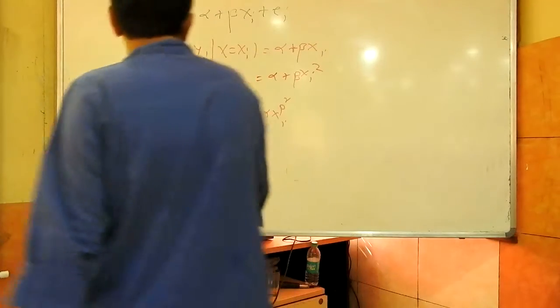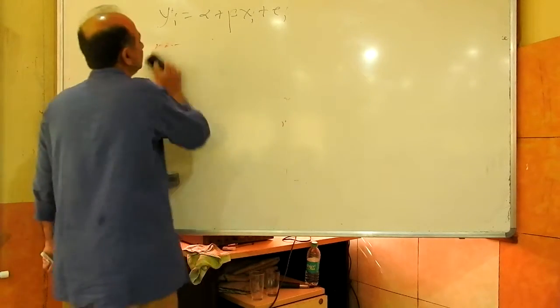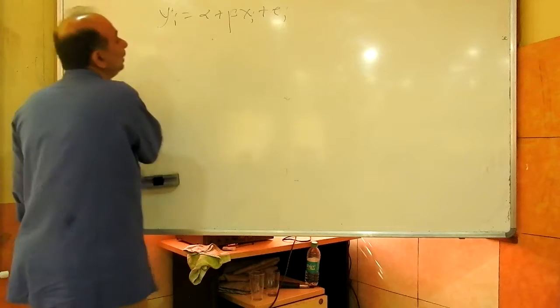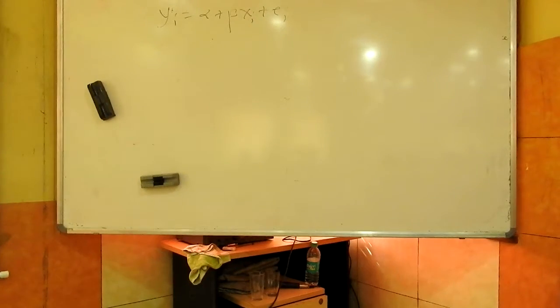Right, so first, to recap a little bit. yi is equal to alpha plus beta xi plus ei. This is the population regression function. What do you call it, the population regression function? Any idea? Because it's supposed to describe the whole population.